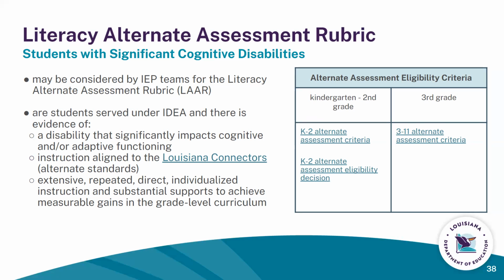And these students are also those that require extensive, repeated, direct, individualized instruction and substantial supports to achieve measurable gains with grade level curriculum. So the IEP team will again consider these students for eligibility to participate in an alternate assessment using the criteria that is linked here on the slide for you.